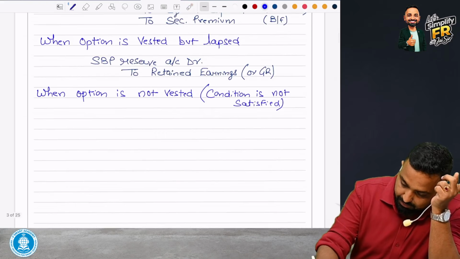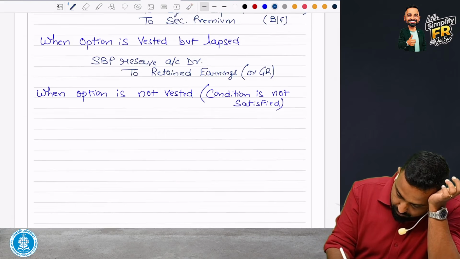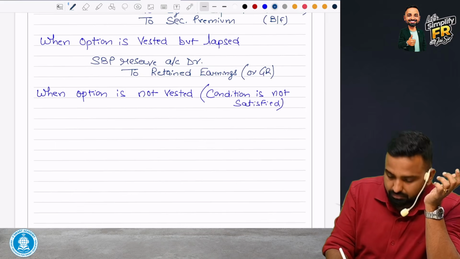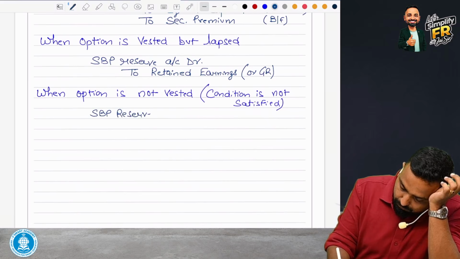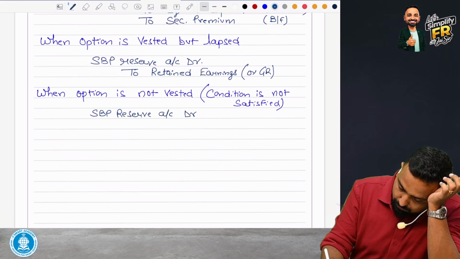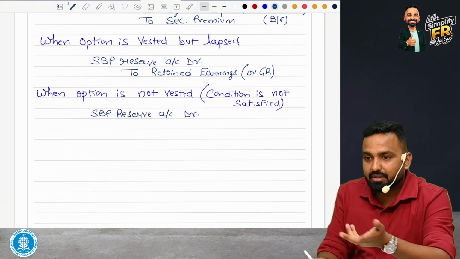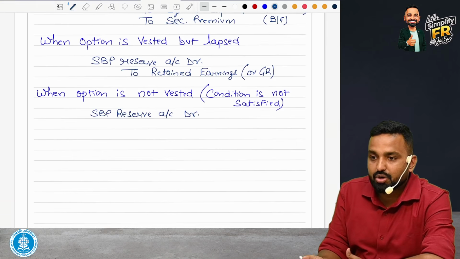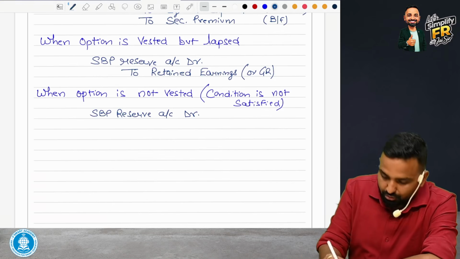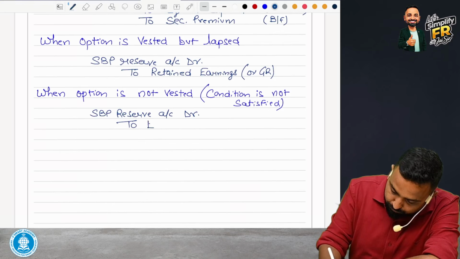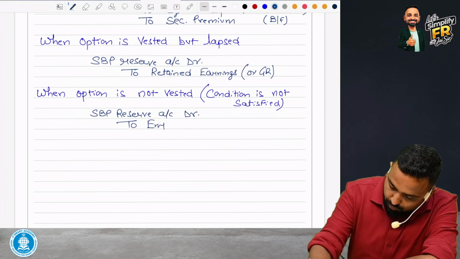So entry. Tell me. SBP reserve debit. Option is not vested, SBP reserve is debited. Second, not P&L.